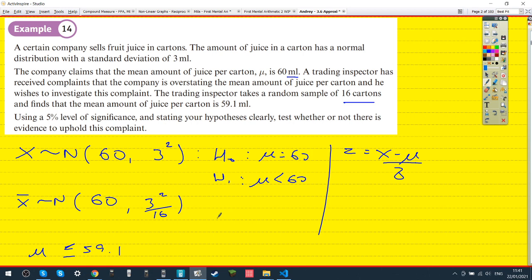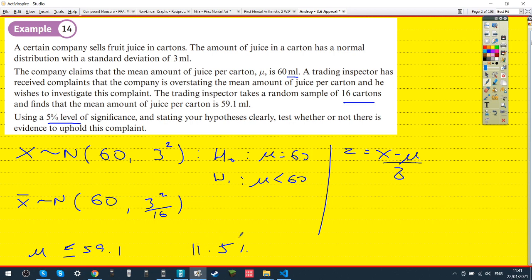And so there's an 11.5% chance. Basically 11.5% of the time that you take 16 random cartons, you'll get a mean of 59.1 or less. You need a 5% level of significance, and so it's not significant enough. It would have to happen only 5% of the time or less.